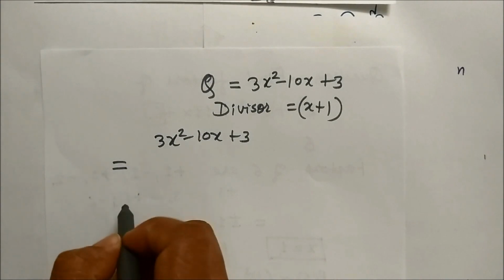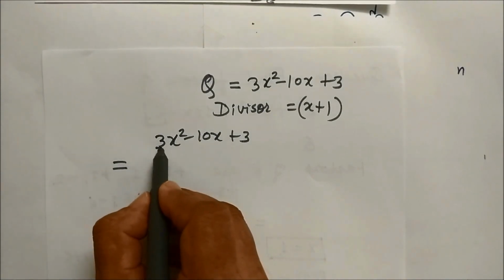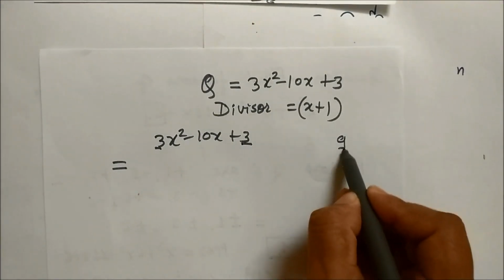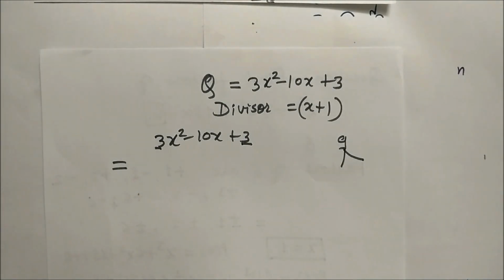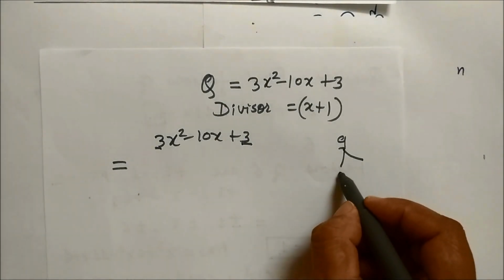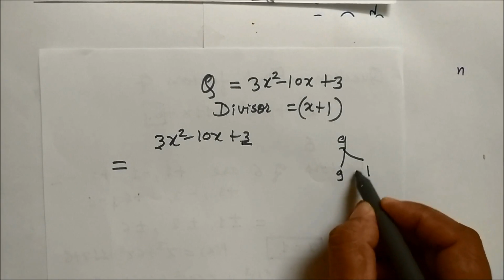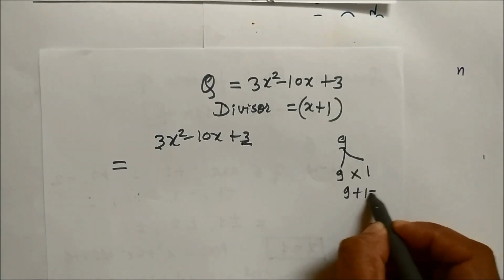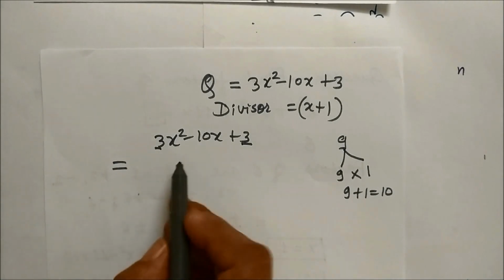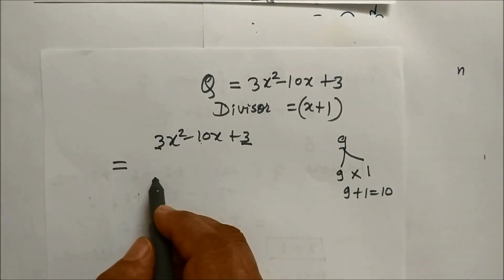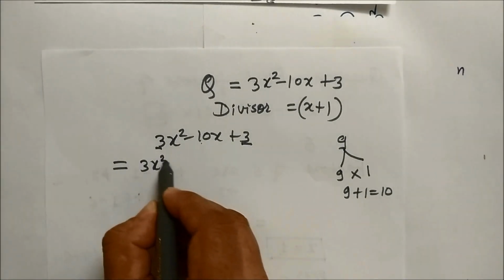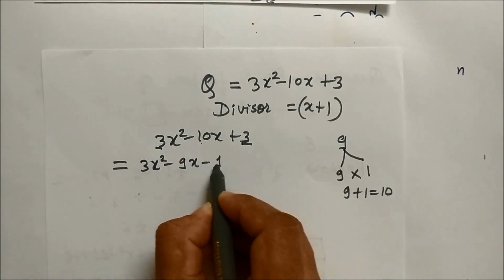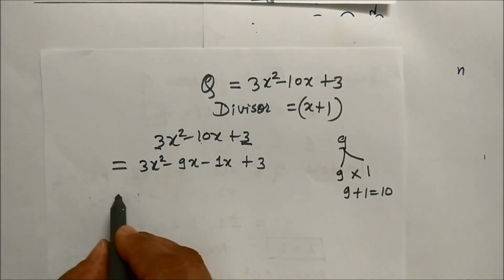We will use splitting the middle term form. So 3 and 3 is equal to 9. We have to find factors of 9. So we know 9 and 1. 9 multiply by 1 is equal to 9. And 9 plus 1 is equal to 10. So we can split the middle term by writing minus 9x minus 1x, and here this is 3.